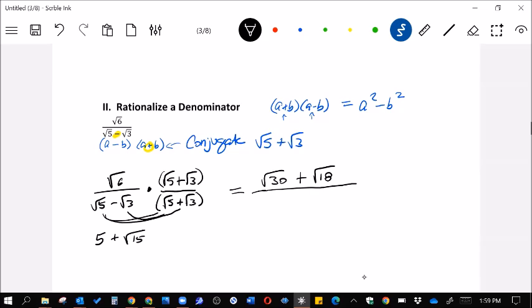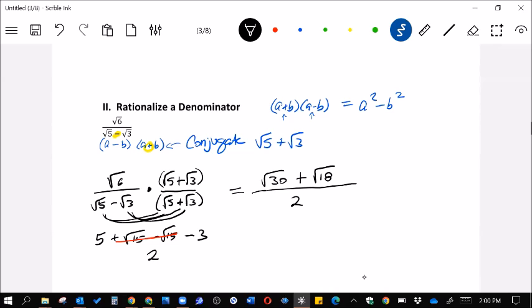I have minus square root of 3 times square root of 5, which is minus square root of 15. And then I have minus square root of 3 times square root of 3 is 3. These two middle terms cancel out, and 5 minus 3 is 2. So on the bottom here, I have a 2.